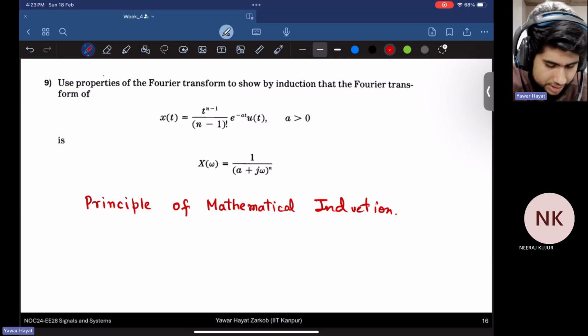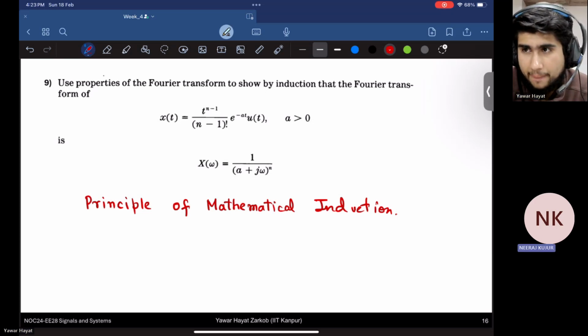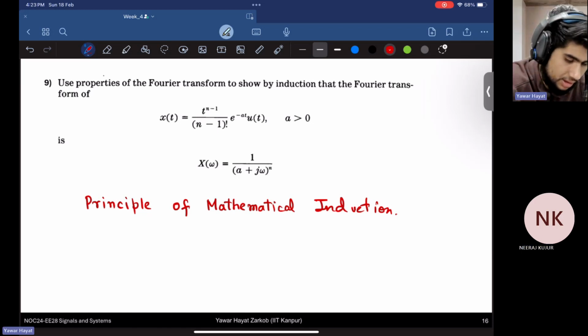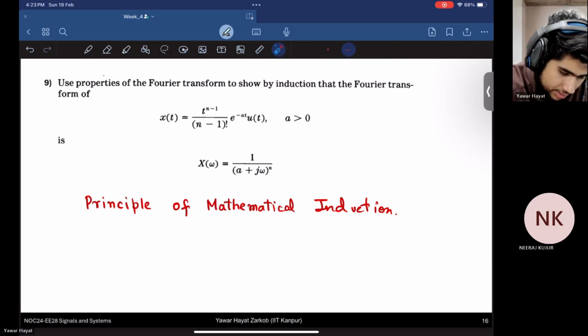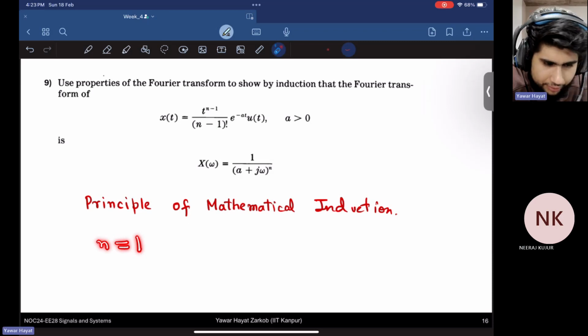You must have solved questions on these induction based problems, right? Aware of them? Sir, I don't remember that clearly. Okay, see, what we do is we see if the result makes sense for n equal to 1, and for any other value of n if needed.